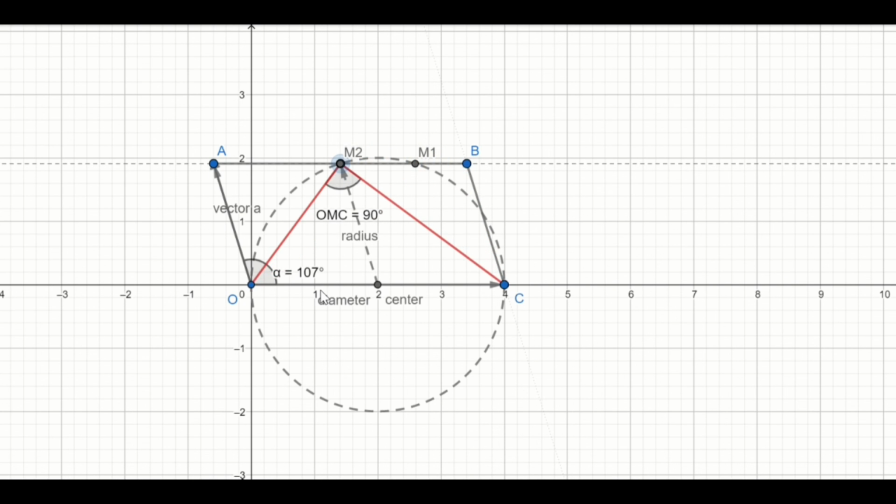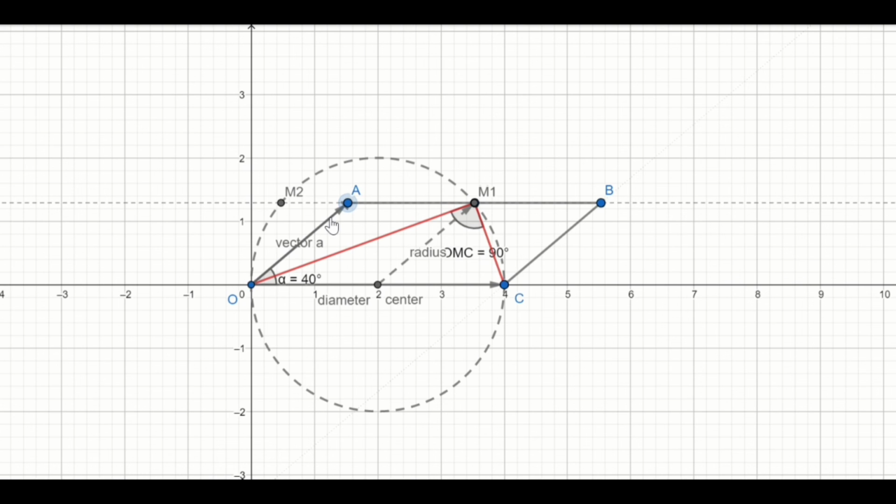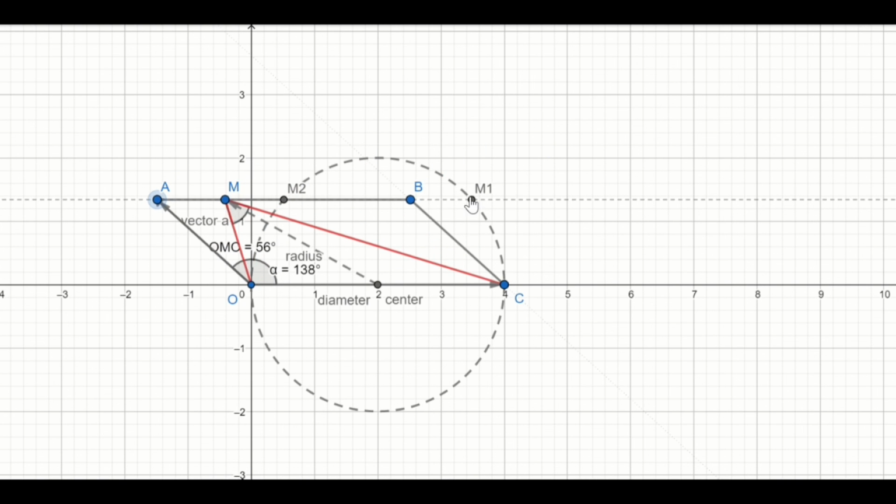I think you may be interested to know that for those with only one position of M, there is actually a second position for M having 90 degrees, but it's outside of the line segment AB. It is on the extension. Thus, the k value is outside of 0 to 1, so it does not satisfy the question requirement.